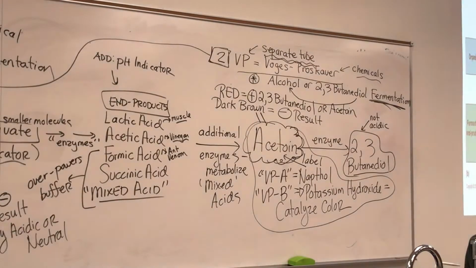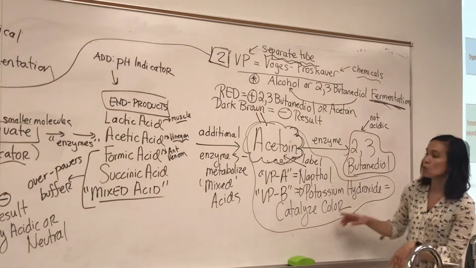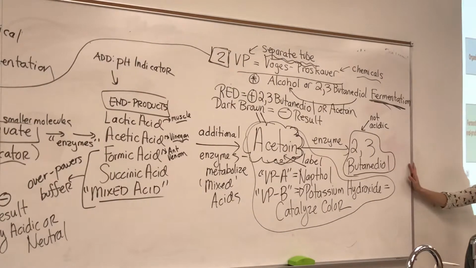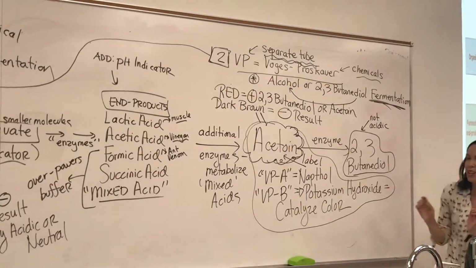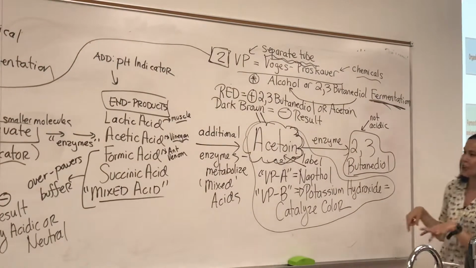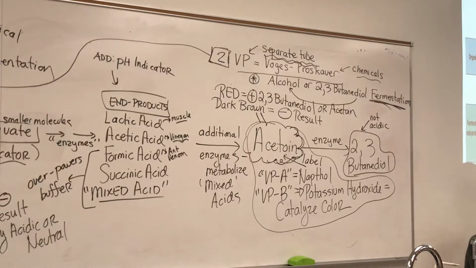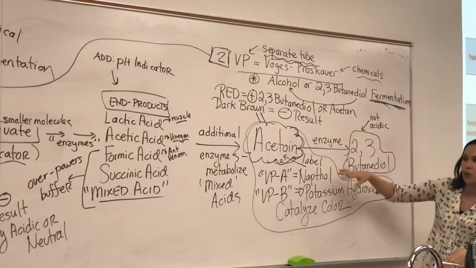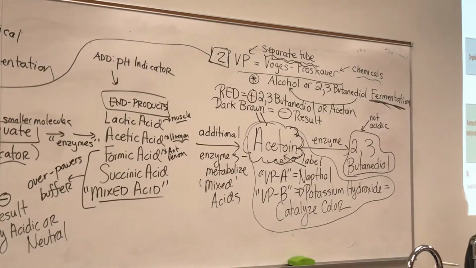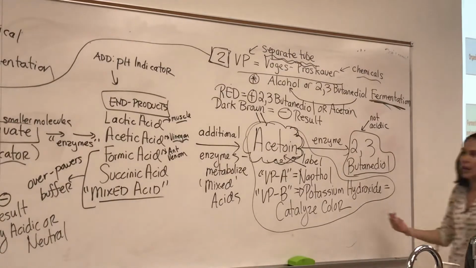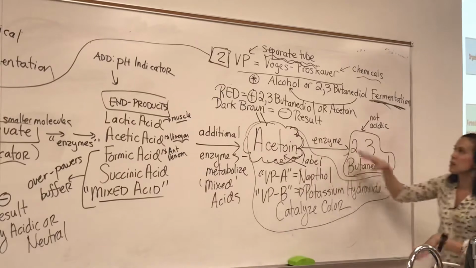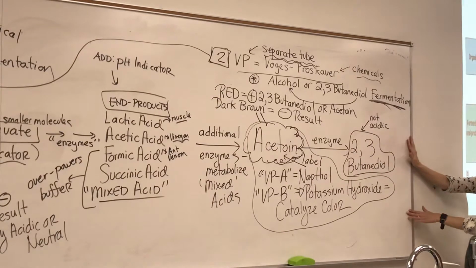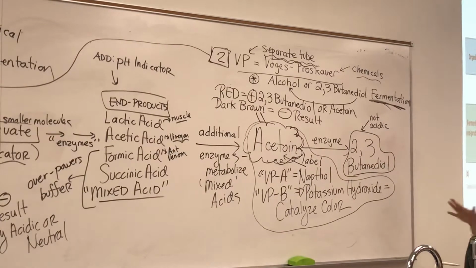So actually, related to Hannah's question, I'm going to ask you guys a question and then give you a minute to talk it over with each other, and then I'll ask somebody for an answer. When you do this on the project, typically people will get a positive for the methyl red or a positive for the alcohol test, but they generally don't get a double positive.